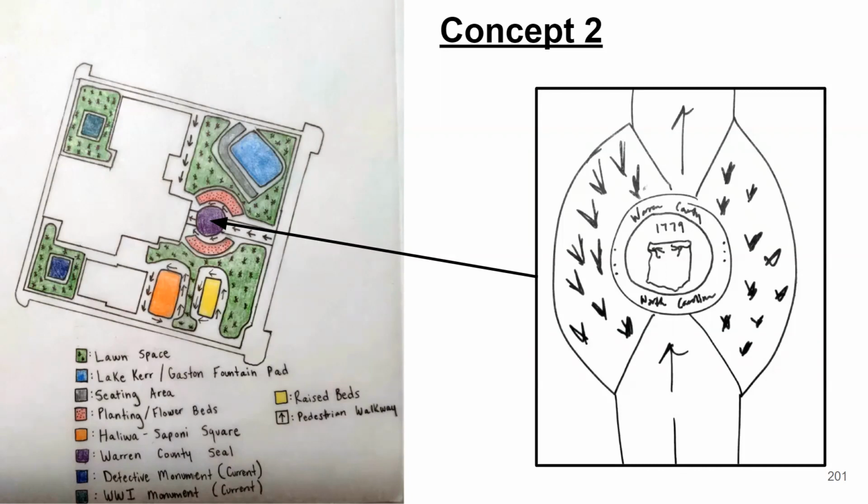I also designed a Warren County seal in the very center, along with 2 flower planting beds to bring color to the site. And then at the bottom, I did a Hiawassee square, you can see that right here, to kind of just do a tip of the hat towards them, because they are from Warren County, and their history and their roots run deep in Warren County's culture.